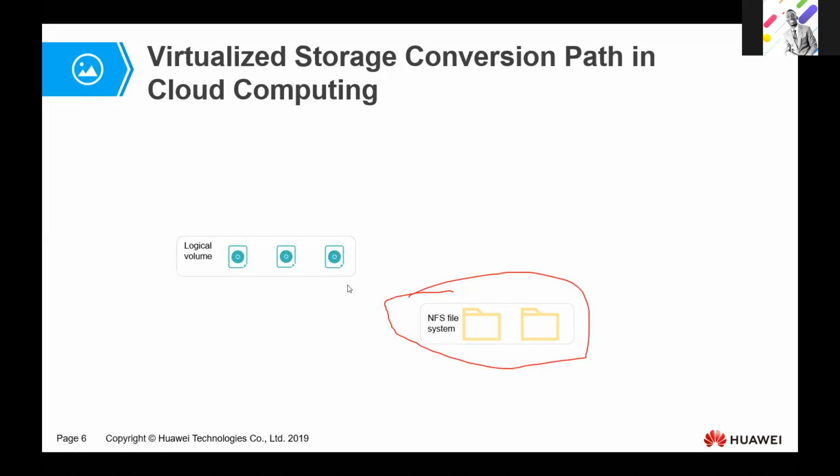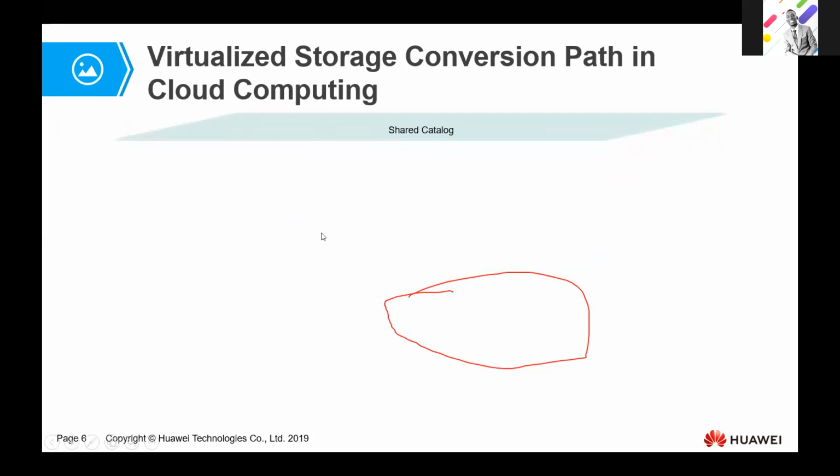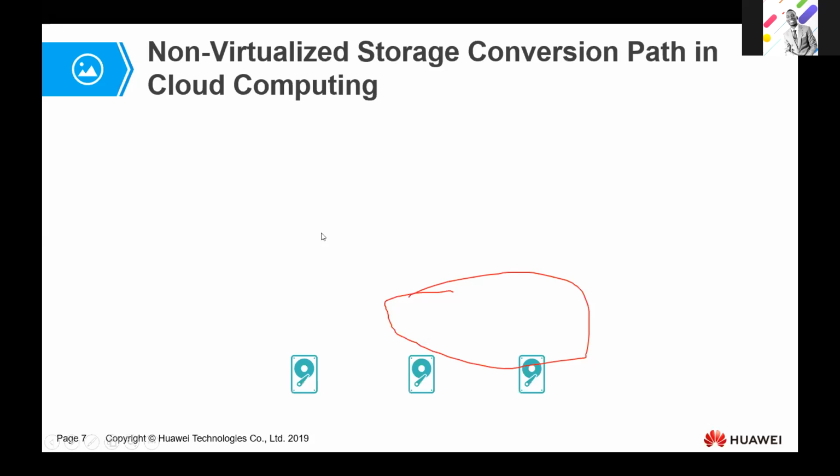And then this file system you're going to attach to the cluster. After attaching to the cluster, we have a virtual file system for our virtual machines to use. And that also forms a shared catalog with different supported files for that virtual machine.